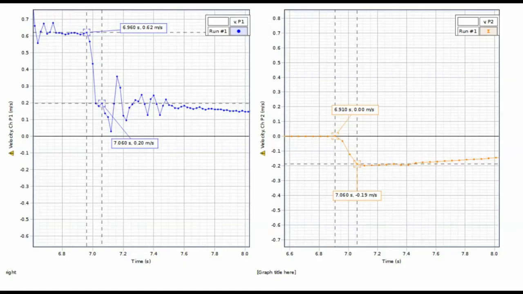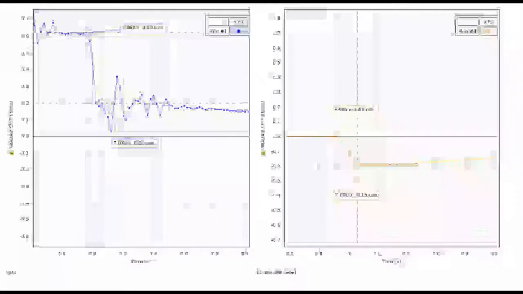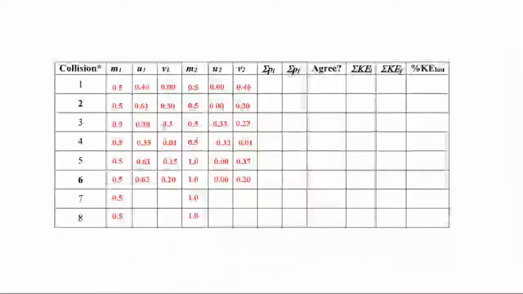So initial velocity there is 0.62, final velocity 0.20. Over here we've got 0 and plus 0.20. So again, that figure there is to be positive 0.20.